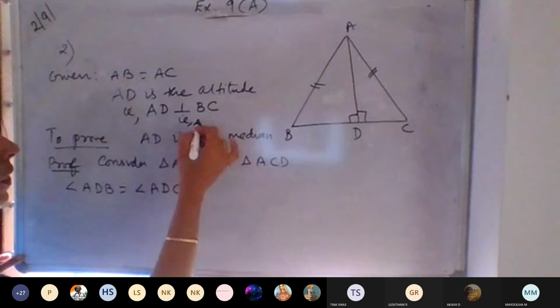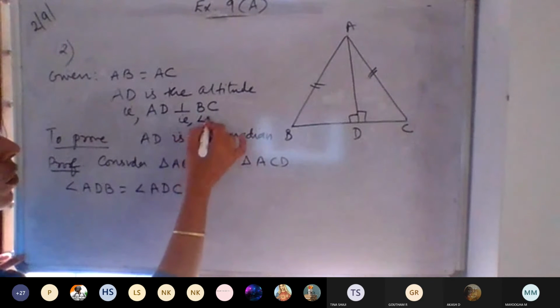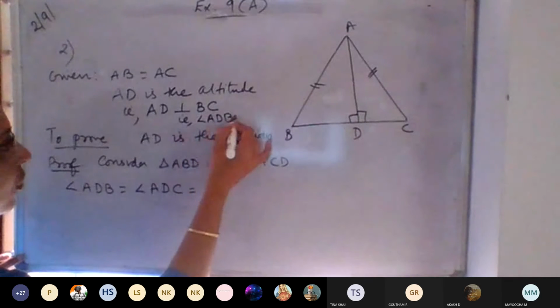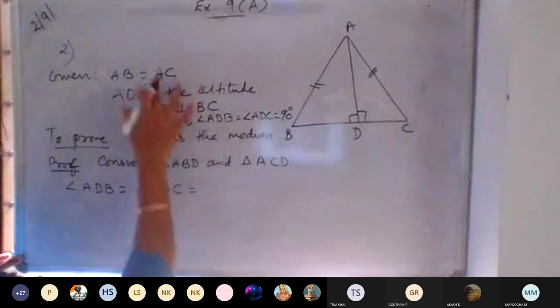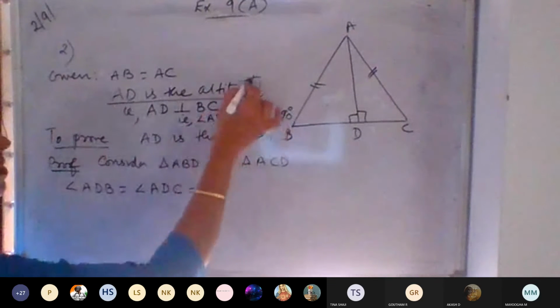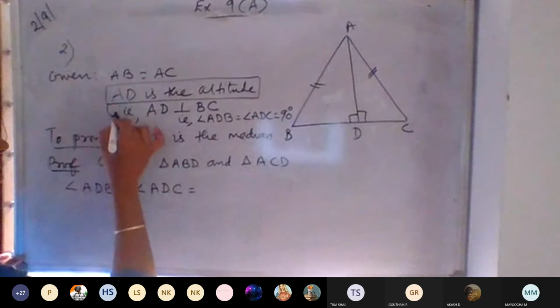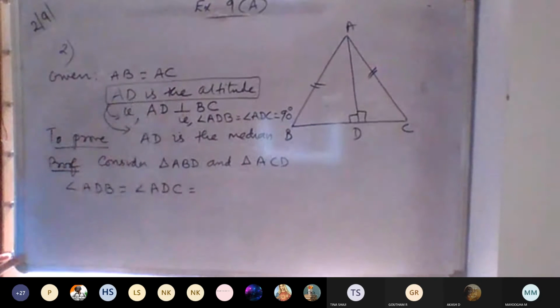That is, angle ADB is equal to angle ADC is equal to 90 degrees. All these things from this point, AD is the altitude, we are getting these two. Understood?